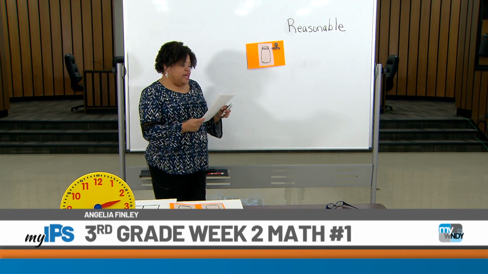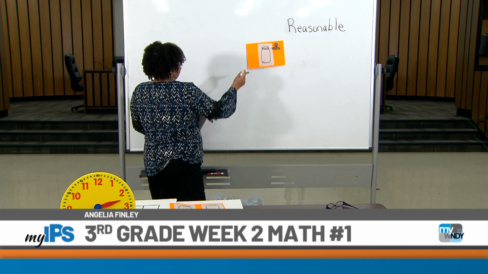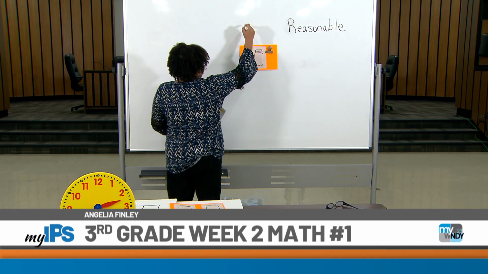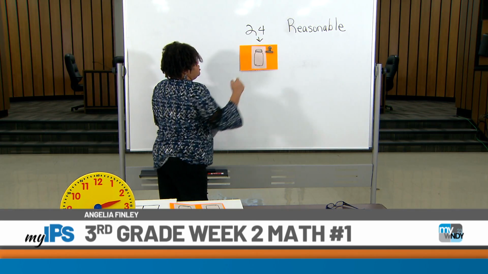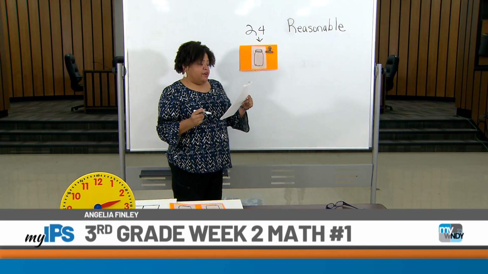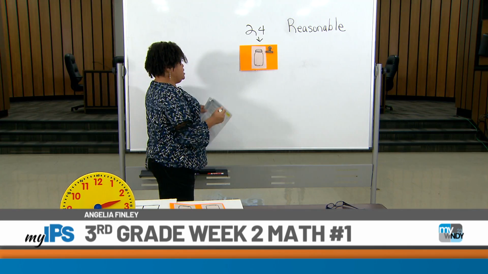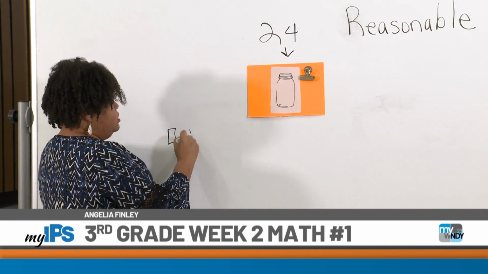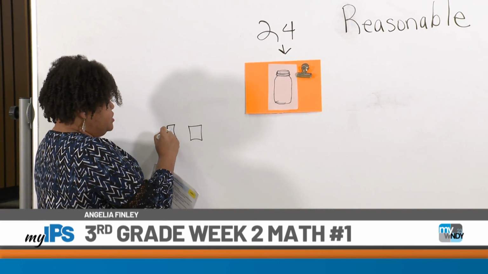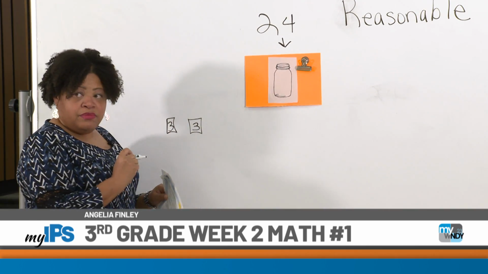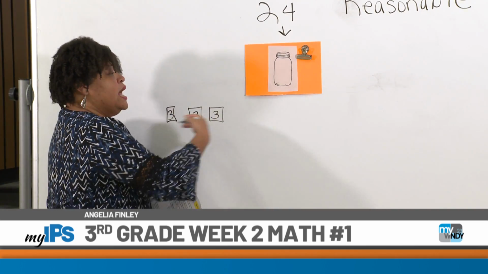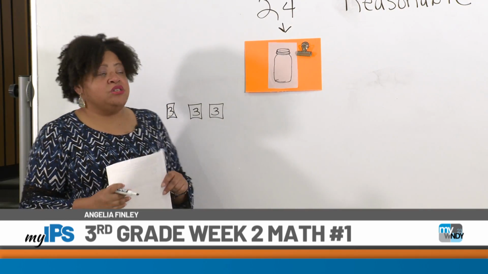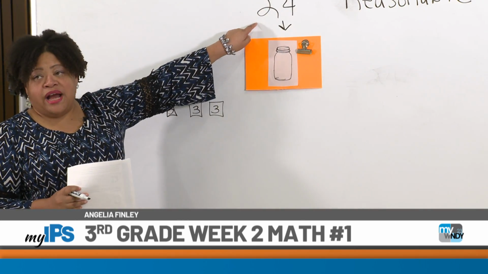So looking at B, she has 24 ounces of honey. We got to get a reasonable answer here of how many jars. Well, she could use 1 jar, 2 jars, and in each jar that's 3. She can do another jar, and that's 3, and so on. Keep going until we get 24 ounces.